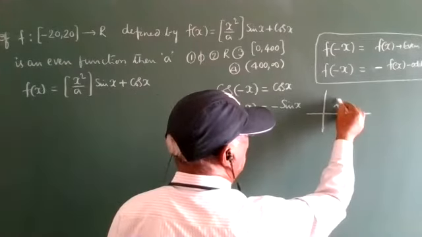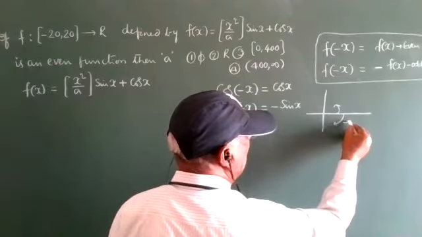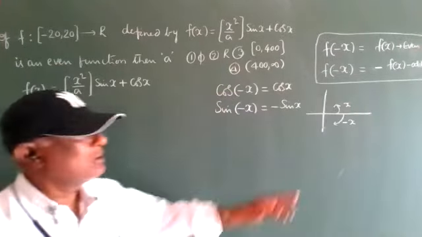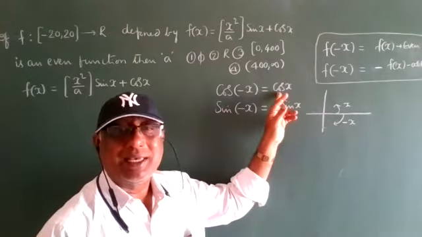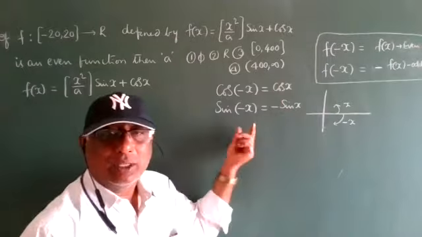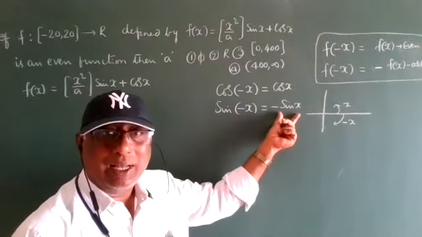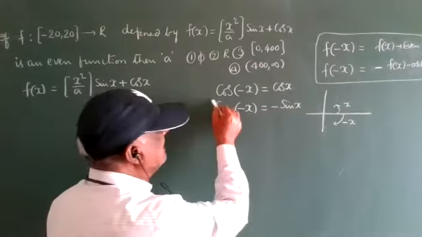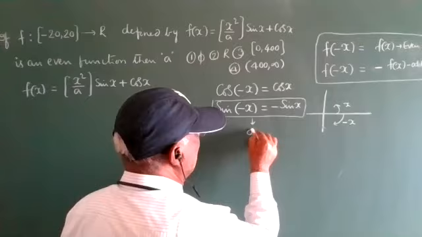Upside is the positive x and downside is the negative x. So negative is the fourth quadrant. In the fourth quadrant, cos is positive and sin is negative. Therefore, when x is replaced with minus x, the sin x value is negative. Therefore, sin x is an odd function.